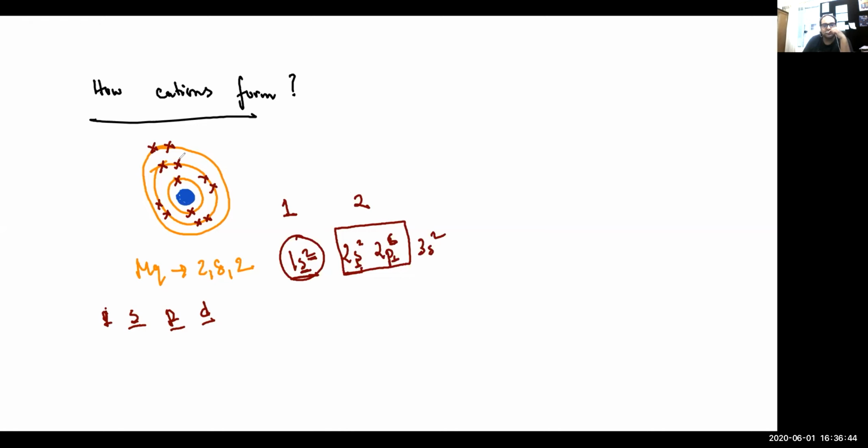And the third shell has only one S subshell here, although it can have 3p and 3d also, but we do not have enough electrons to fill these up. So it's 3s, holding 2 electrons.